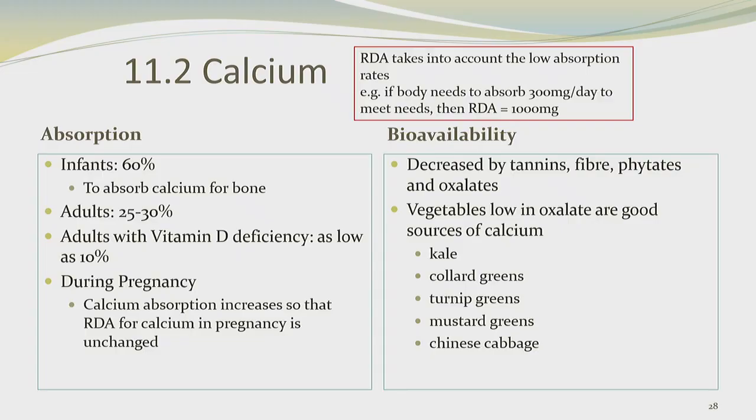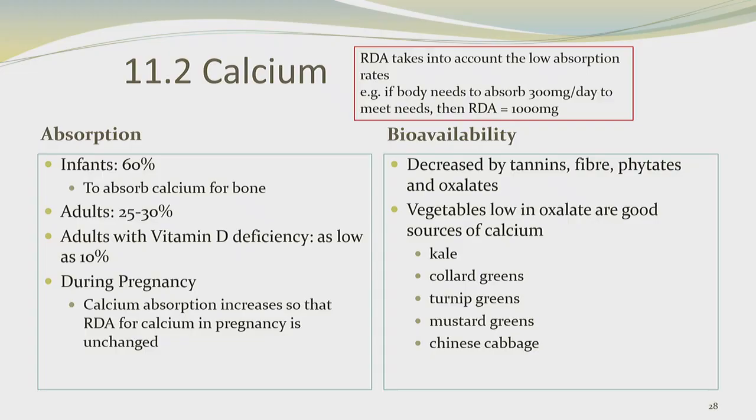For adults, however, when we consume calcium-rich foods, we typically absorb on average about 25 to 30% of this calcium from our food. So if intake of vitamin D happens to be inadequate in adults, then the absorption can actually drop even to 10% because you do not have enough calcium binding protein to help with this absorption.